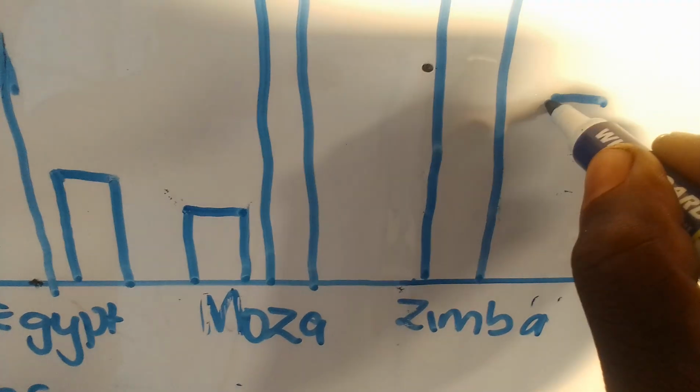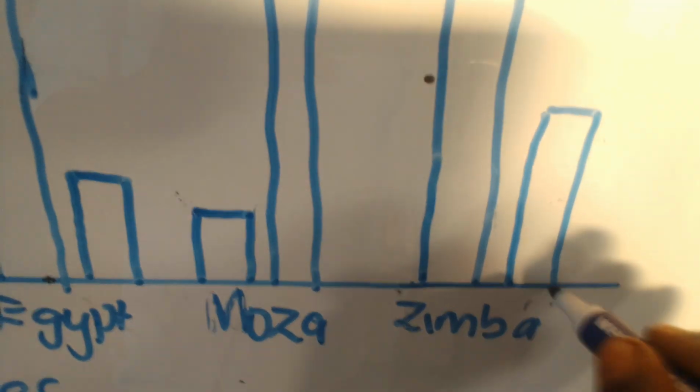It's almost there, slightly above the 80 there. Right, so I'm going to draw my bar. And then Zimbabwe is 40%. It's almost there. I'm going to draw my bar there.